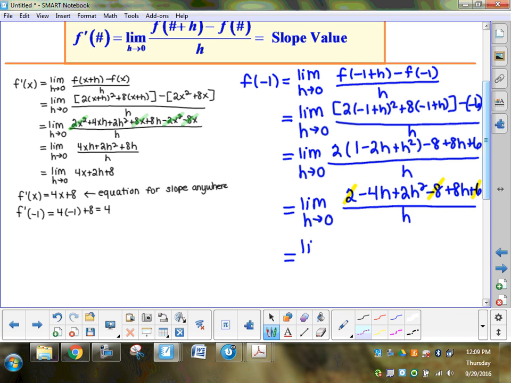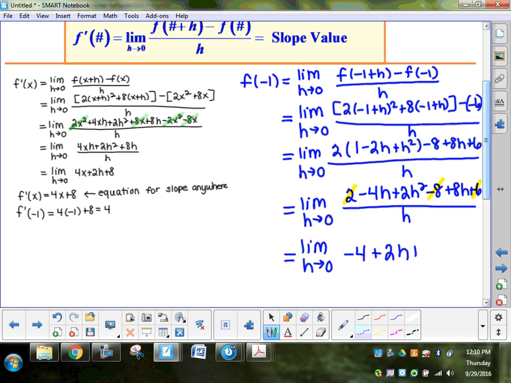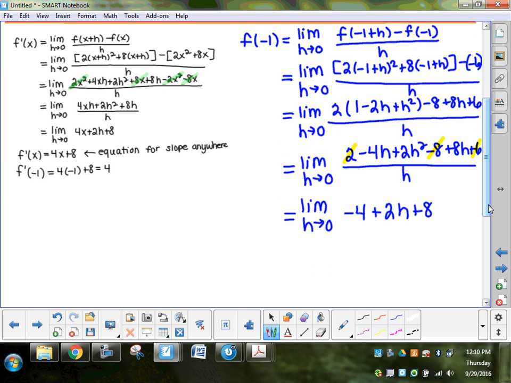So what am I left with after I get rid of that h value? Adam, what's the expression going to look like when you reduce the h out? -4 plus 2h plus 8. And now, can I evaluate this by direct substitution? This is the first step that you can. Jake, what would you be left with when you make the replacement of h equal to 0?